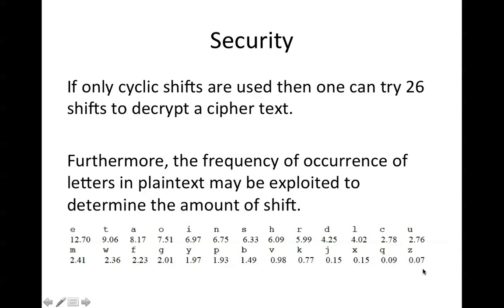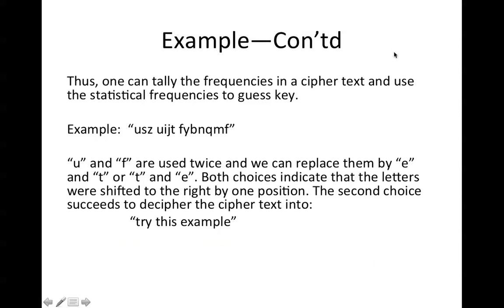So we could use this frequency distribution to more intelligently, not just randomly trying these 26 choices, but looking at some ciphertext and decrypting it by way of looking at the frequencies of the letters, which in this case would be letter U repeated twice and then letter F repeated twice.